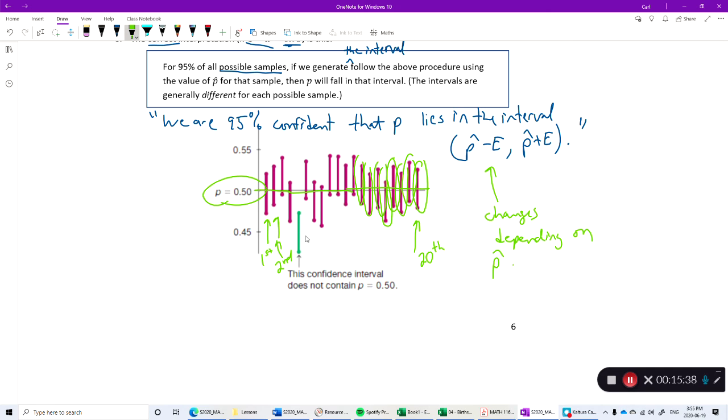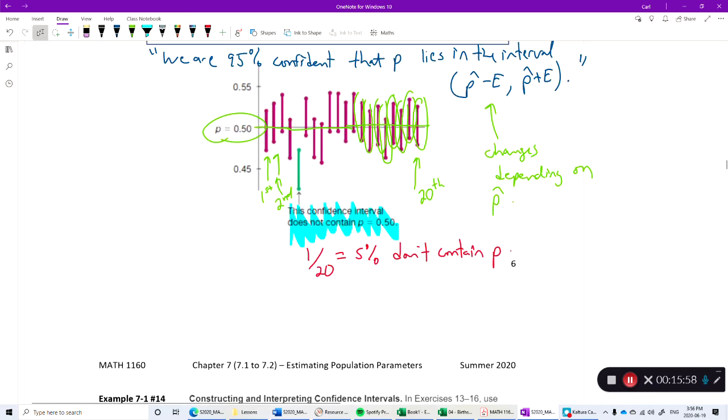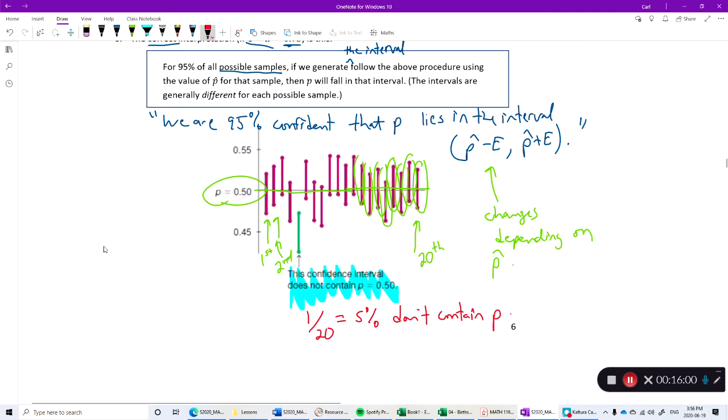One of them, in this case this one, does not contain the truth. So just 1 out of the 20, or 5%, don't contain p, the true value.